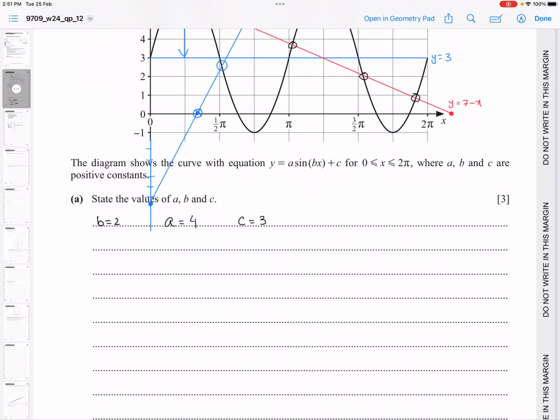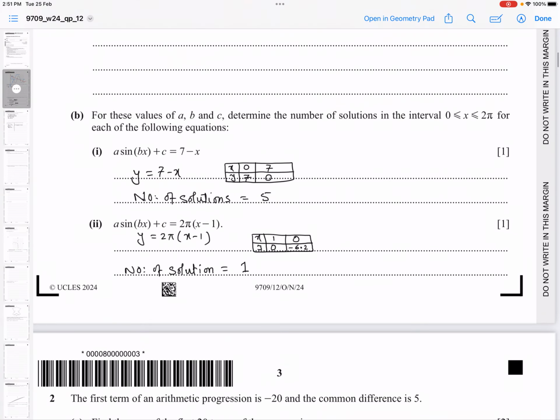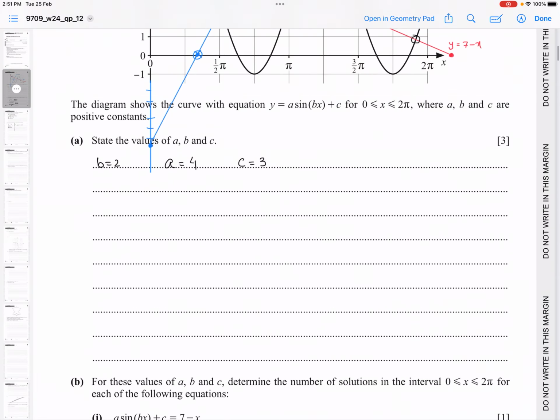I extended the y-axis with the blue line. This is minus 1, minus 2, minus 3, minus 4, minus 5, minus 6, and a little ahead of minus 6 I marked a blue dot. Here x is 0 and y is negative 6.2.